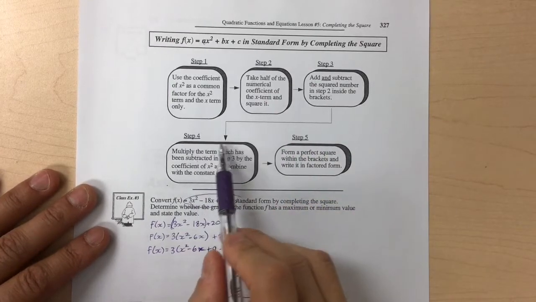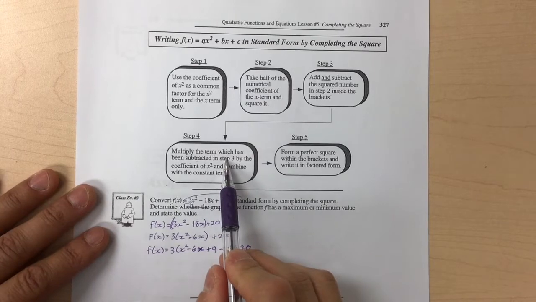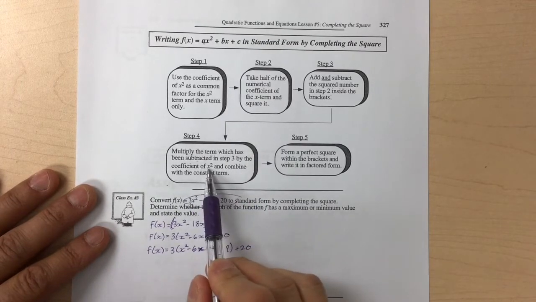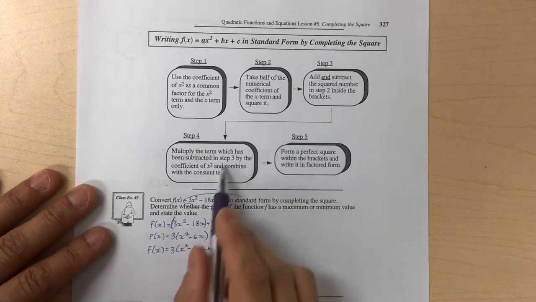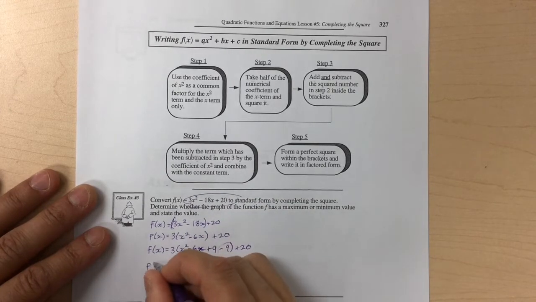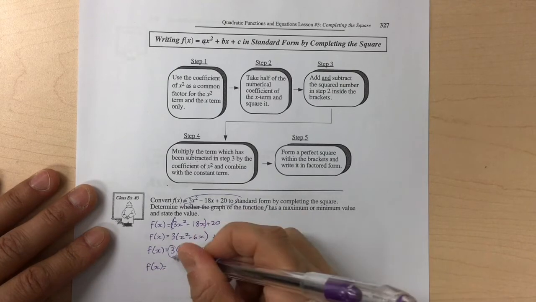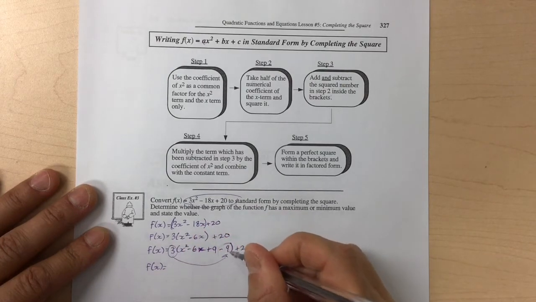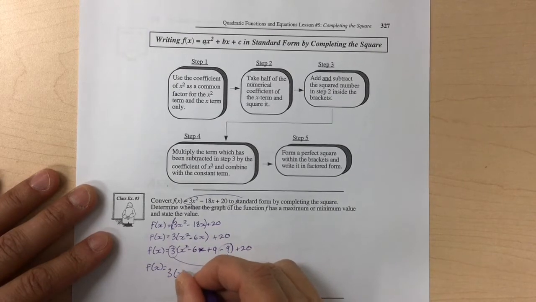Now, step 4, I want to multiply the term which has been subtracted in step 3 by the coefficient of x squared and combine with the constant term. So only this term here am I multiplying by the coefficient. So I'm taking this 3 and I'm multiplying the negative 9. So this is going to become 3 times.